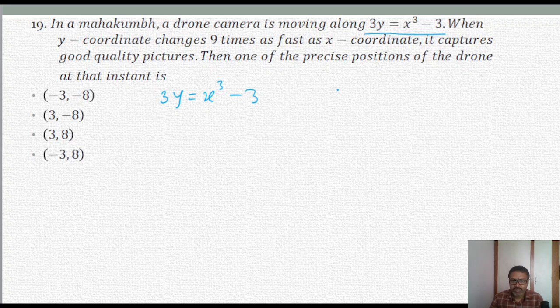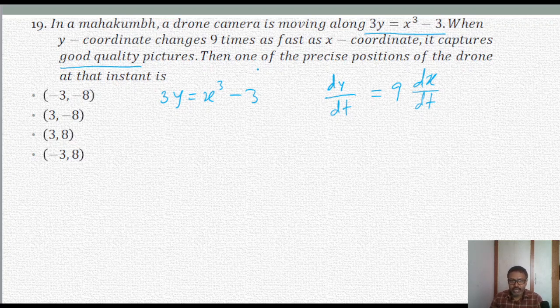So the change in y coordinate is written as dy by dt, with time changing 9 times the change in dx by dt. One more equation they have given. So it captures good quality. If it is moving in this path and satisfying this condition, picture quality will be very good.